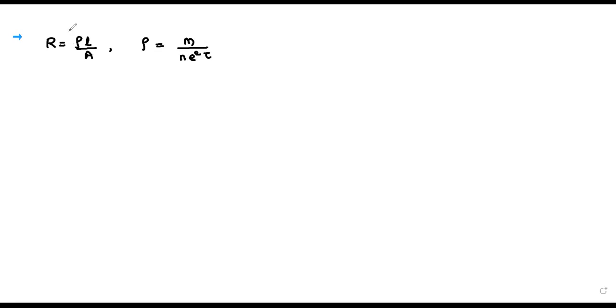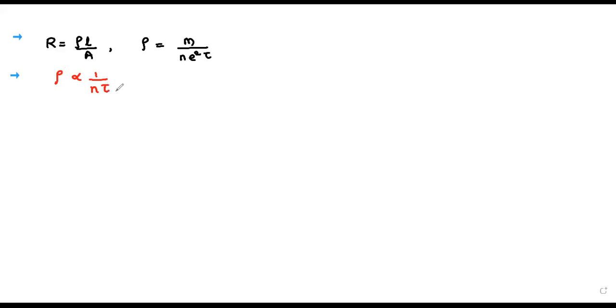From the two equations, what I'm trying to say today is: resistivity depends on what factors, and resistance depends on what factors. Here, rho is inversely proportional to the number of electrons per unit volume, N, and the relaxation time. E is the charge on the electron, M is the mass of the electron, they are obviously constants.